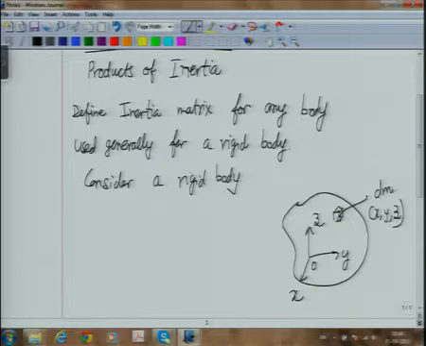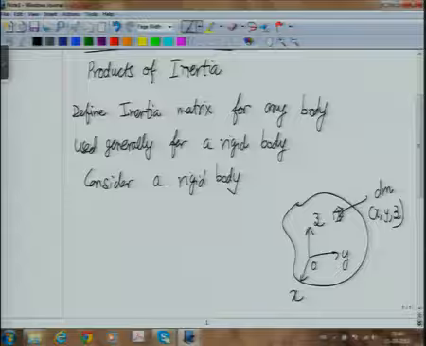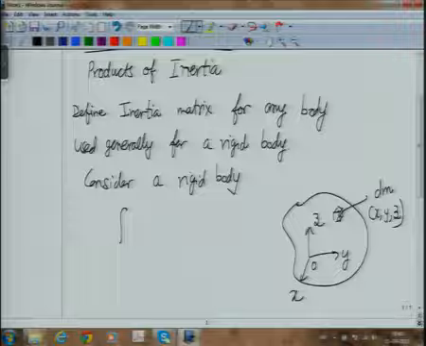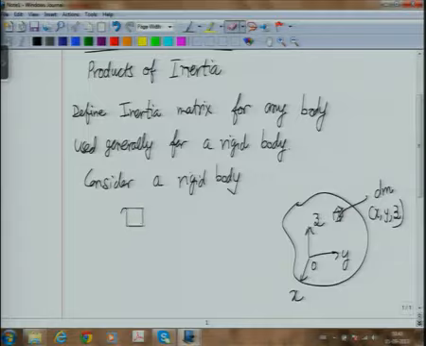Okay, is that fine? So this is simple. This is how we do anyway. Any relation we derive, we choose some general point located at x, y, z, and then either that point is infinitesimal in length, or here we are talking of the mass, which is infinitesimal. Now what we do is, let me first remove the integral.